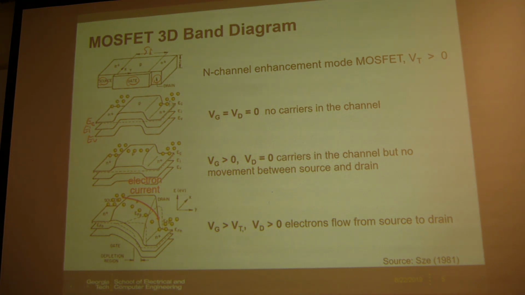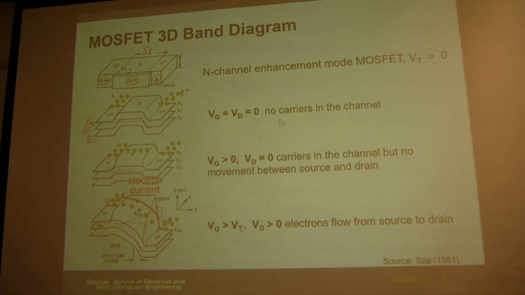And the source and the drain, essentially, are the reservoirs for the electrons. You have many electrons here. And the P-type region under the gate essentially forms two PN junctions. Let's say source to the channel and channel to the drain are two PN junctions. So you have this barrier.